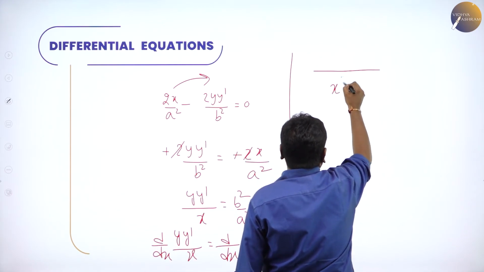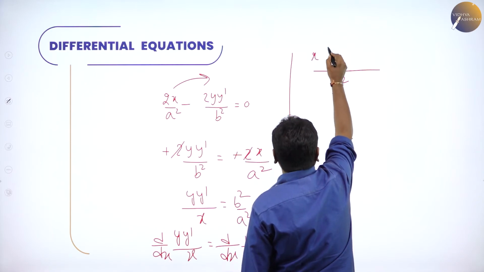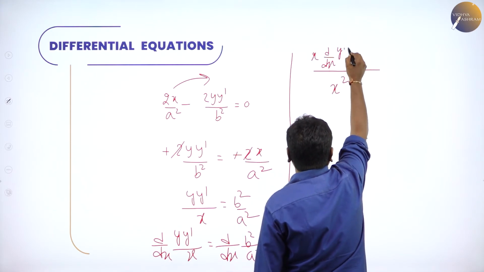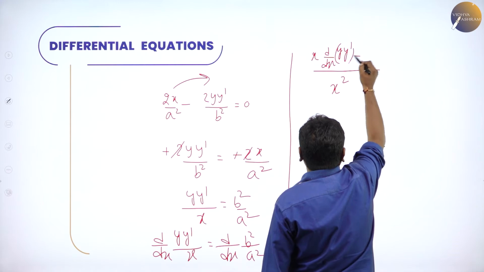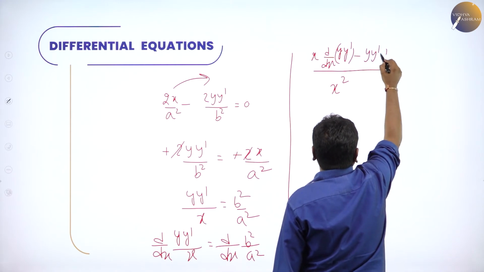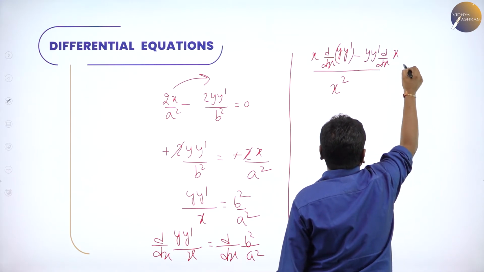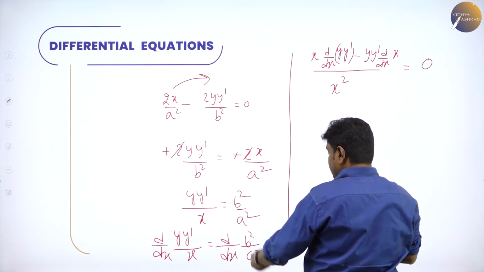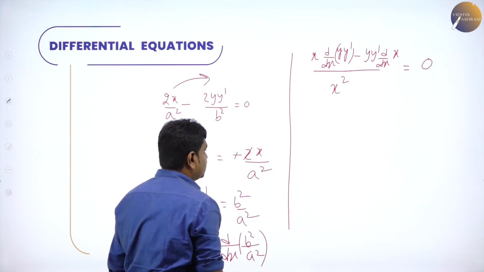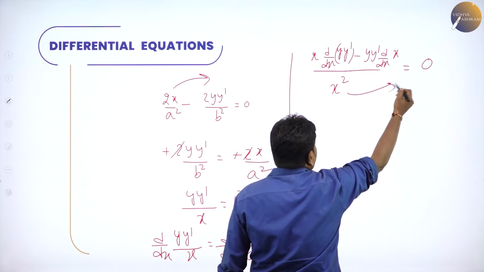LHS, quotient rule: denominator into derivative of numerator minus numerator into derivative of denominator, over denominator whole square, is equal to what? 0. Derivative of b square by a square is what? Exactly 0. So now the denominator you transfer that side, it will go off.